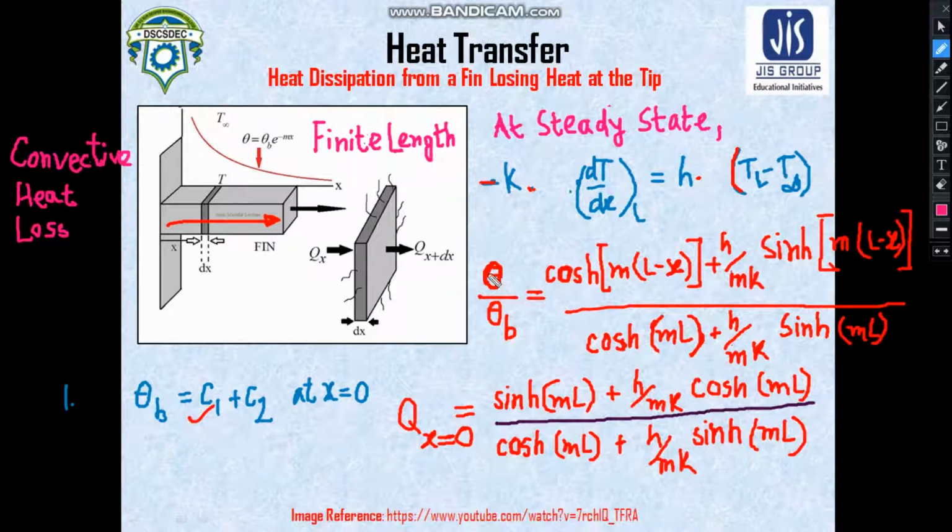That means theta by theta_b, that is (T minus T infinity) divided by (T_b minus T infinity), is the cosh of m(L minus x) plus h by mk into sinh of m(L minus x), divided by cosh of mL plus h by mk sinh of mL.